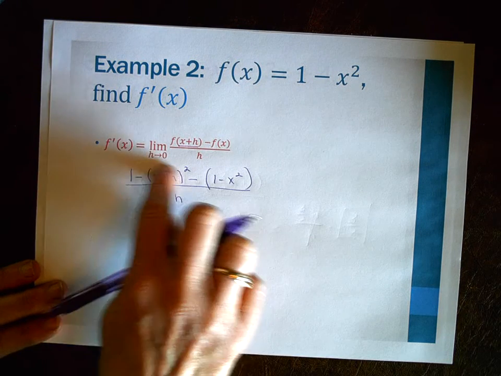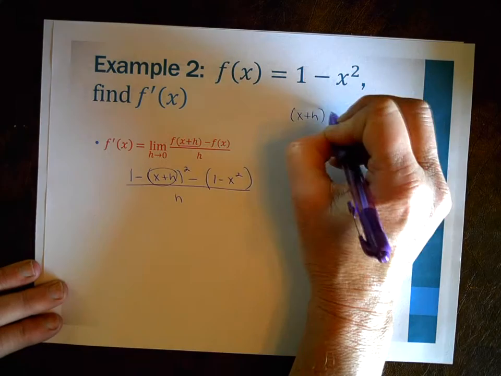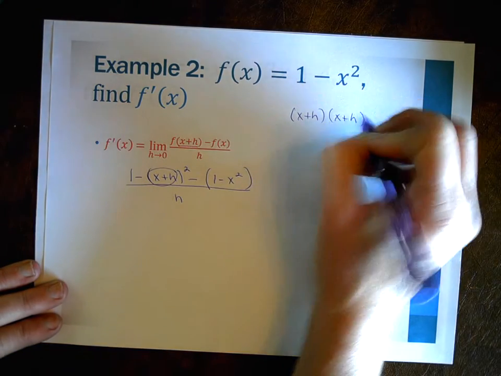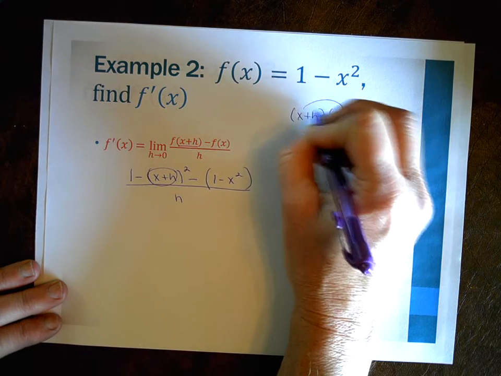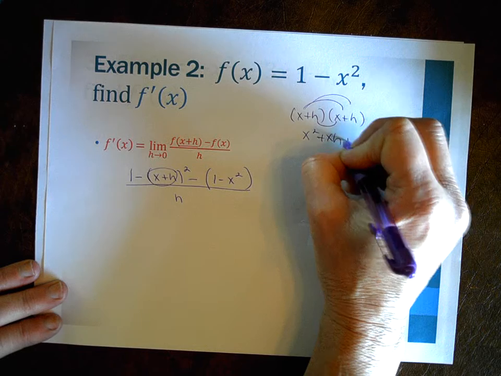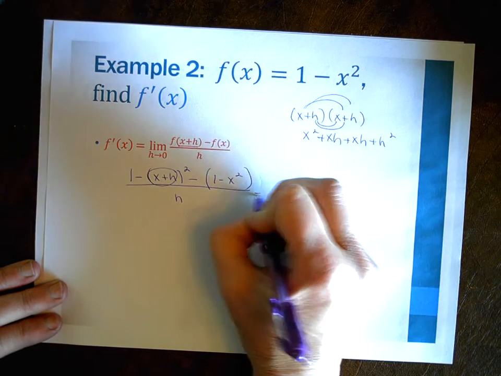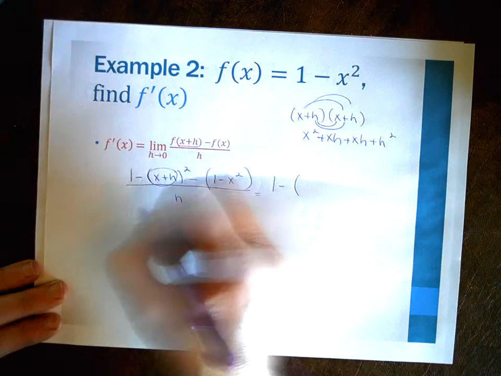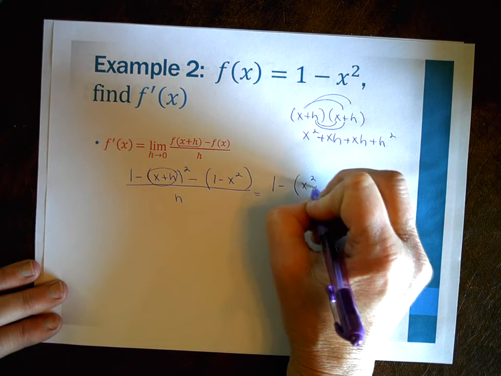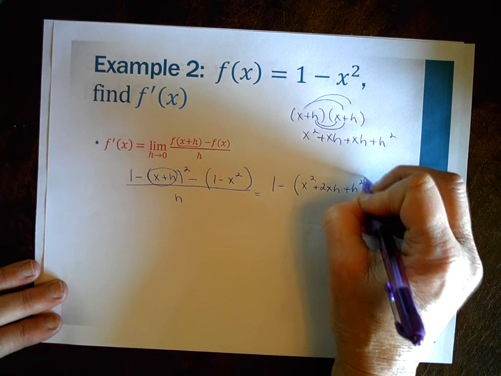Again, you're going to have to FOIL. I'll put it up here. x plus h times x plus h is x squared plus xh plus another xh plus h squared. So what you're going to get is 1 minus, make sure you put in parentheses, x squared plus 2xh plus h squared.